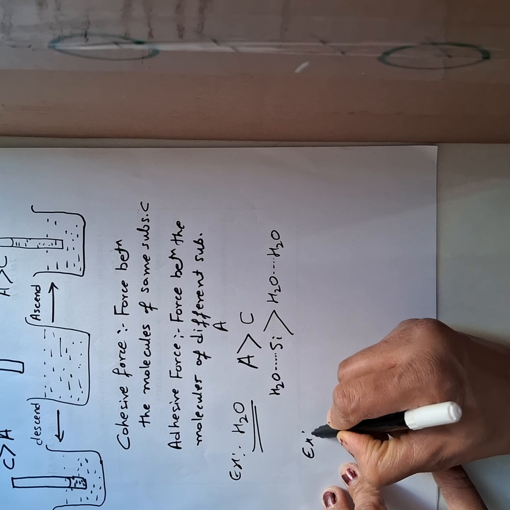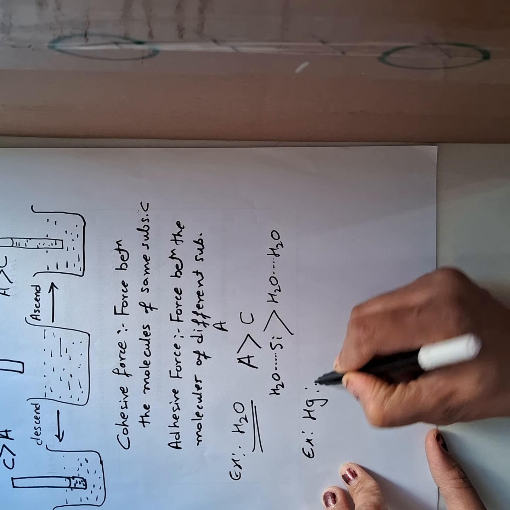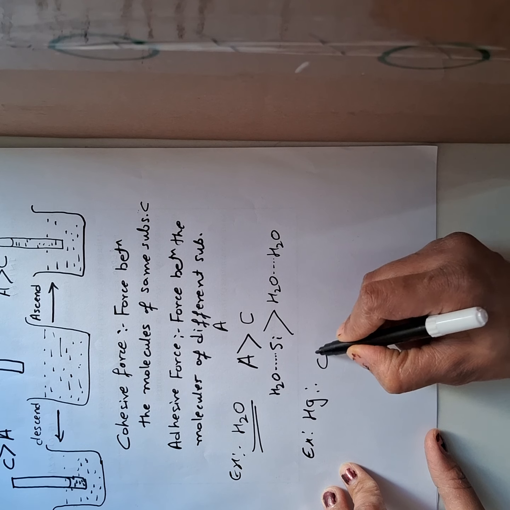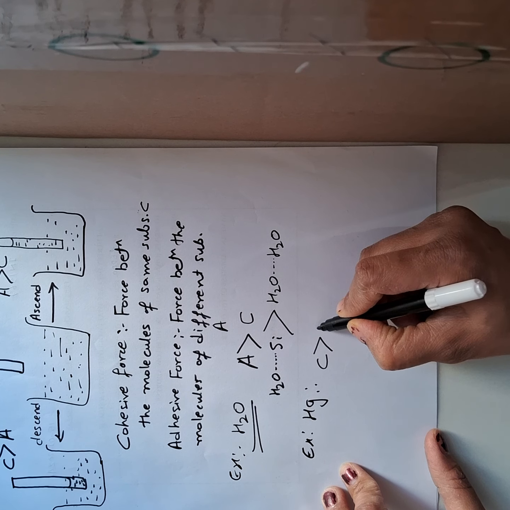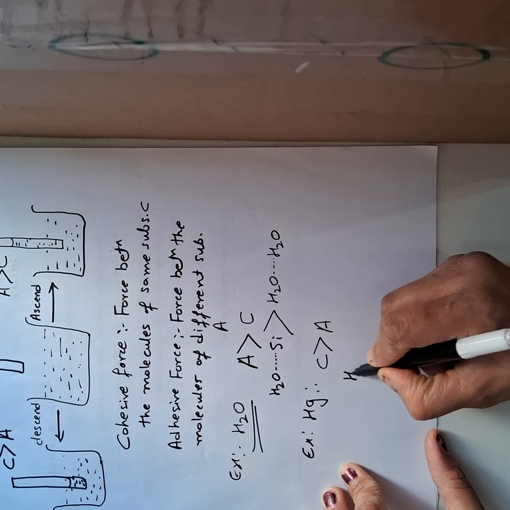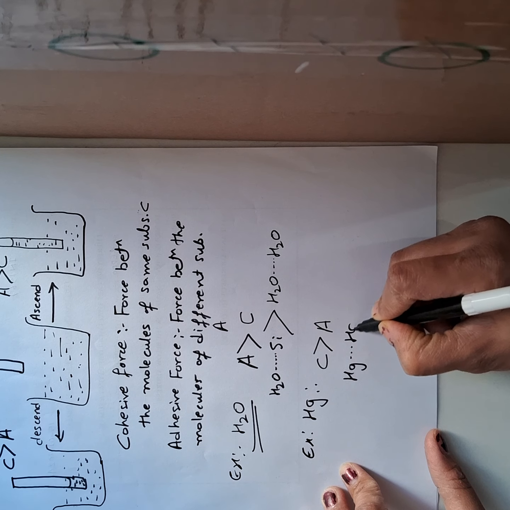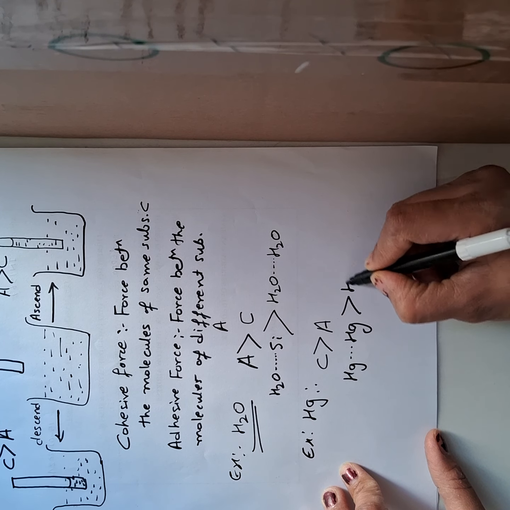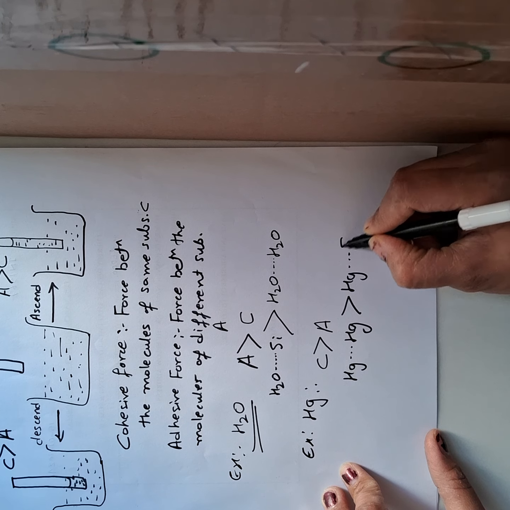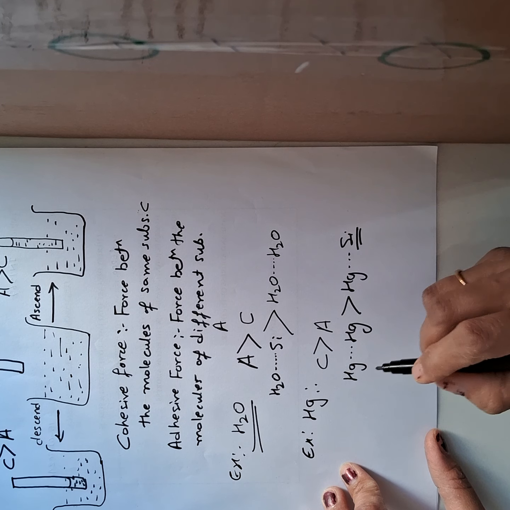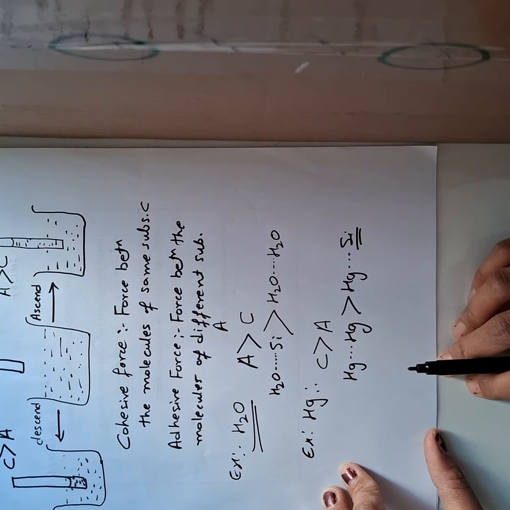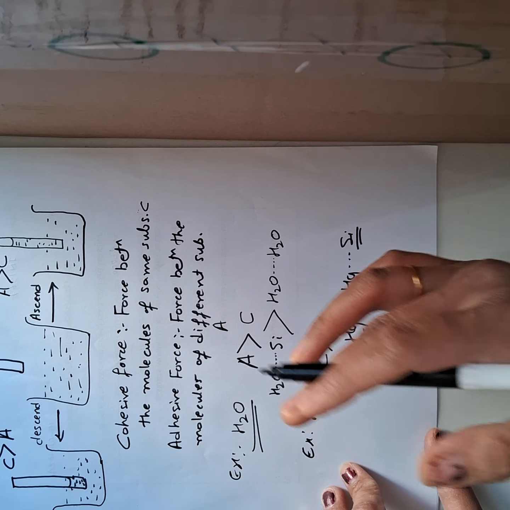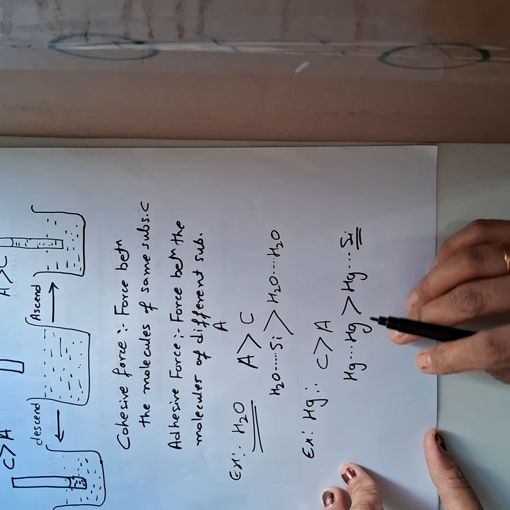And in case of mercury, the cohesive force is stronger than the adhesive force. The Hg-Hg interaction is stronger than the Hg-silica interaction. Here I am taking silica because this capillary is made of glass, and we can say that silica molecules are present on the capillary.